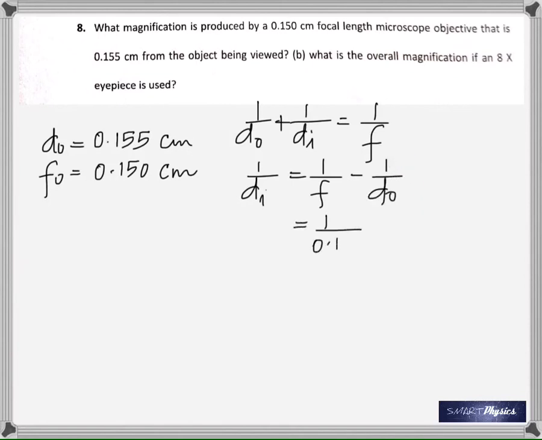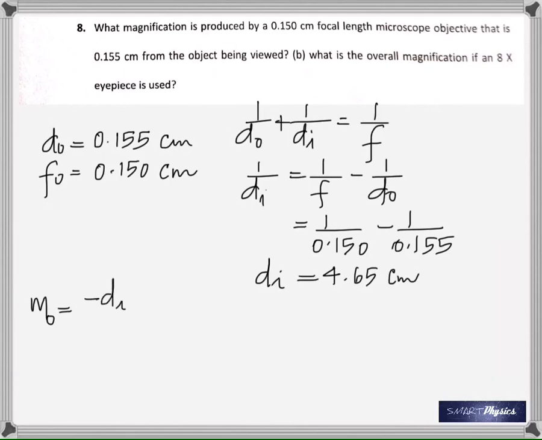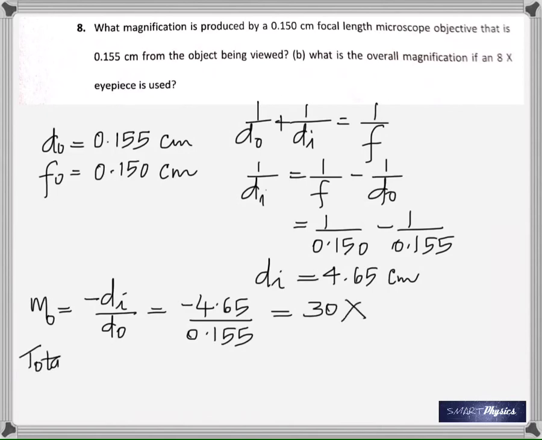Make DI the subject and substitute. And when you calculate, you get DI as 4.65 centimeter. Magnification is negative DI by DO, gives you negative 4.65 divided by 0.155. That gives 30 times. That's the answer to A.